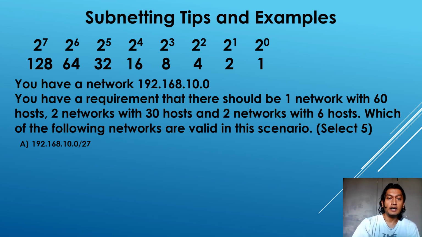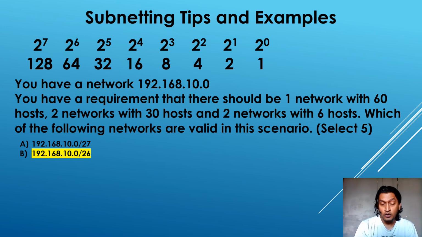Now, there was only one option with /26, and that was B. So B has to be our first selection as an answer, right? Your subnet range for that particular network would be from 0 to 63, with the next network starting at 64, okay? Go back to the VLSM video if you're not sure how we got there.